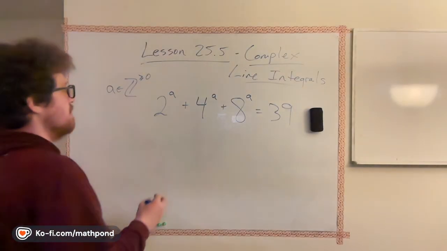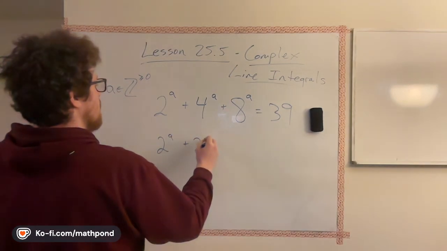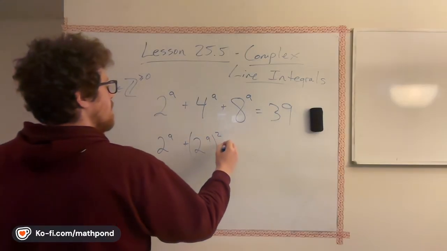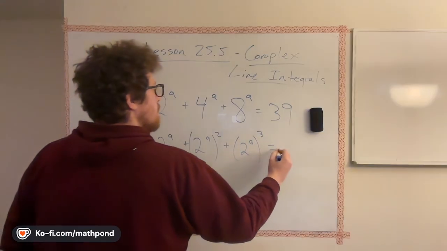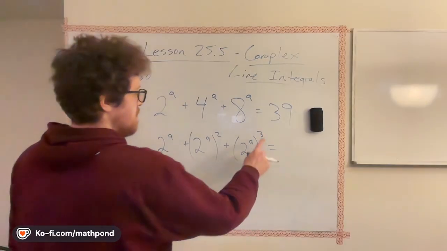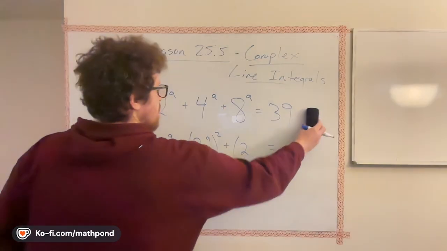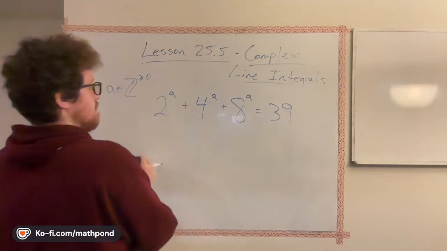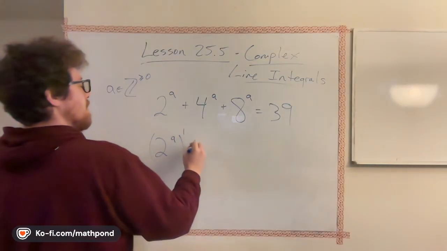Nice. So this is like 2 to the a plus 2 to the a squared plus 2 to the a cubed. Or wait, I probably did that wrong. Or no, it's 2 to the third to the a. So 2 to the a to the first power.